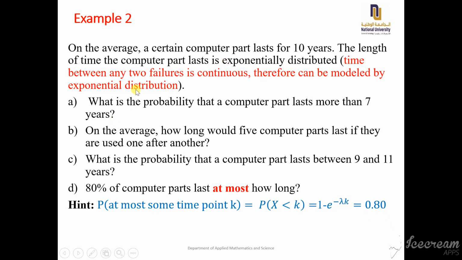So what is the probability that the computer part lasts more than 7 years? If you go back to your slide, I have mentioned in one of the slides that we can compute this probability directly.